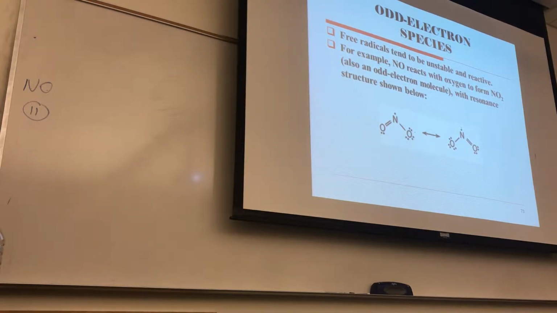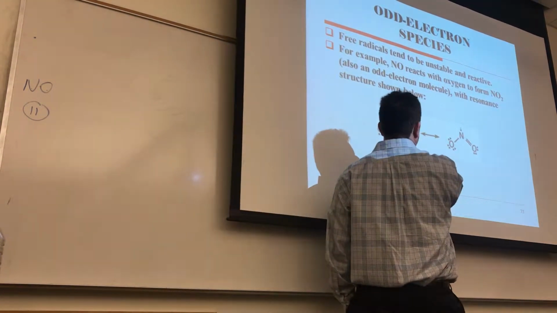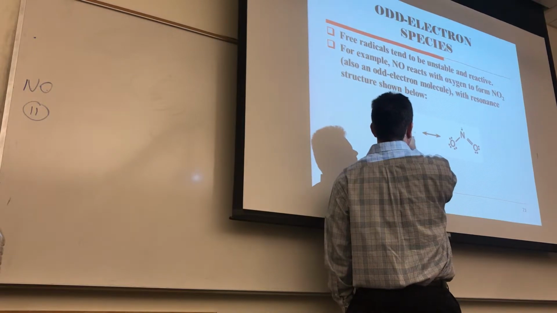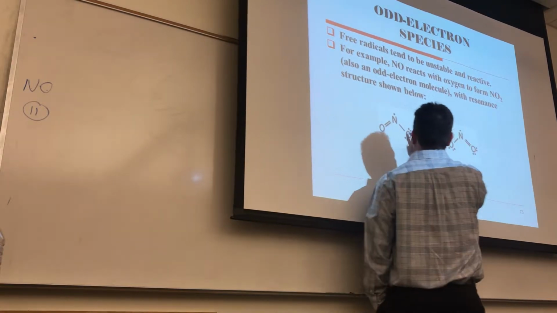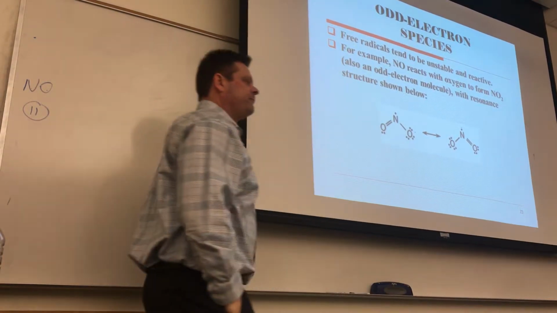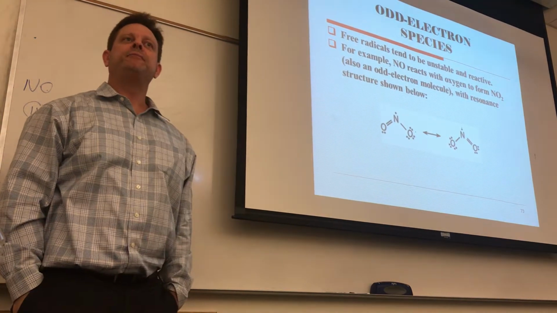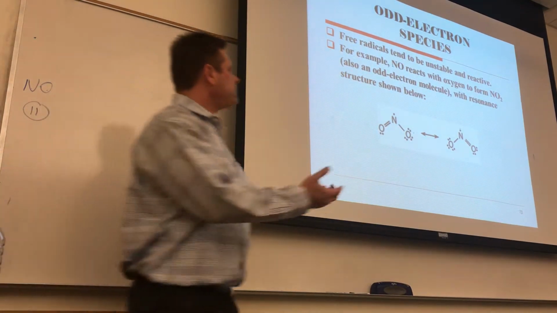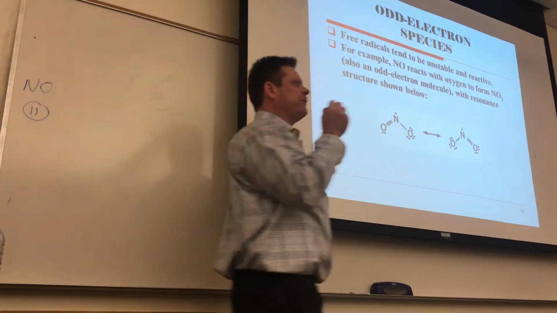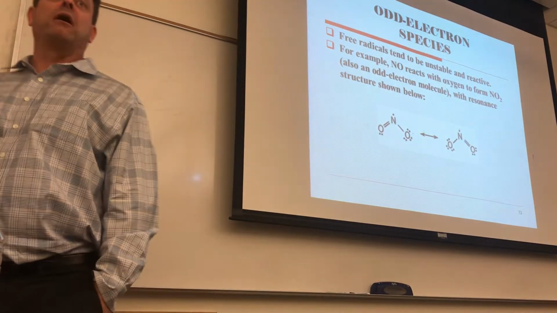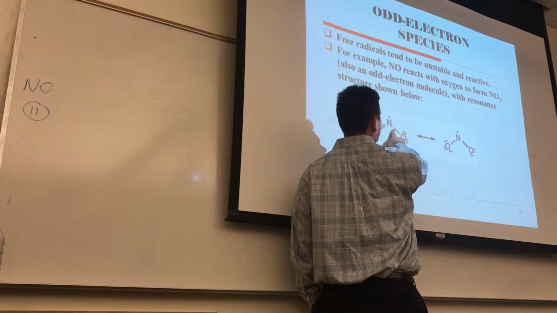How do I know it's not a bunch of these, and not just a hybrid between these, where the electron density of this one and this one is shared between both positions? I discussed this on Tuesday. The length of this bond versus the length of that, what would you expect? Would the single be longer or shorter than the double? Longer, right. The single is longer than the double, because you have 4 electrons here and only 2 here, so that's wider and this is shorter.